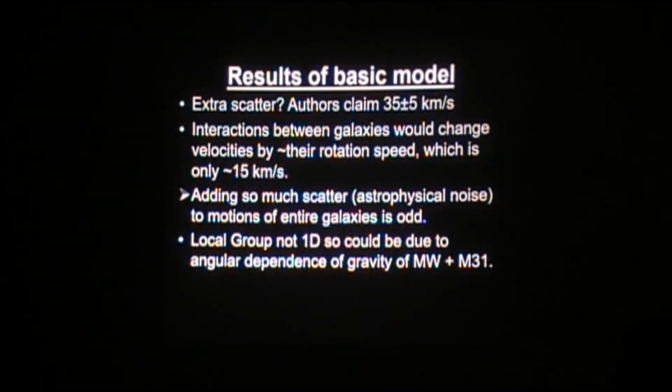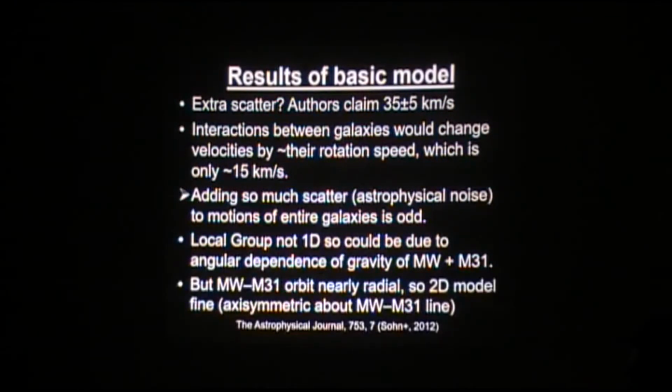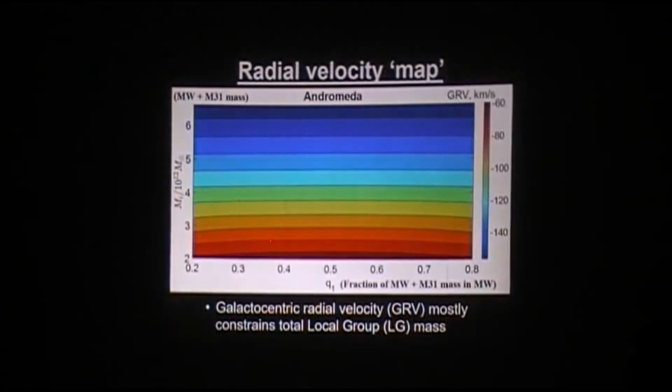So we set about constructing a 2D model, and that should be okay because the Milky Way Andromeda orbit is nearly radial. So you construct these radial velocity maps of local group mass against the fractional mass of the Milky Way. For example, if you knew the actual radial velocity of Andromeda was minus 110 kilometers a second, you could know that it was somewhere in this green band.